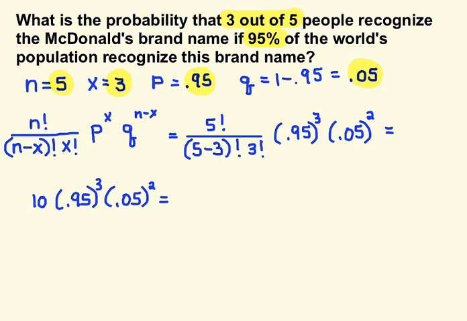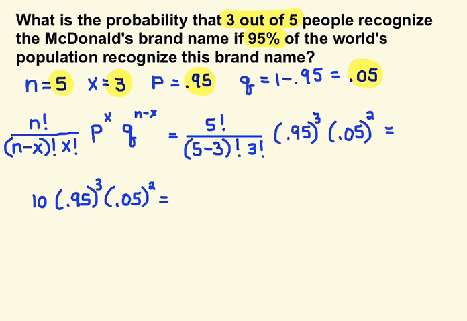So let's go ahead and put this in. So I have 0.95 raised to the 3, and I multiply that by 0.05 raised to the 2, and if I multiply that by 10, I get 0.021.